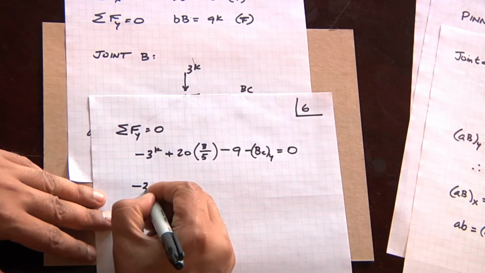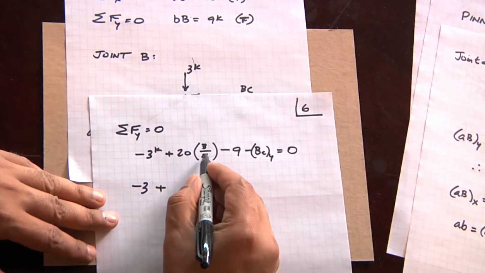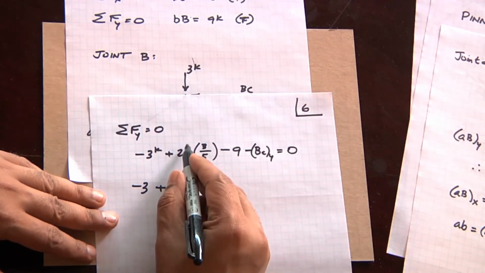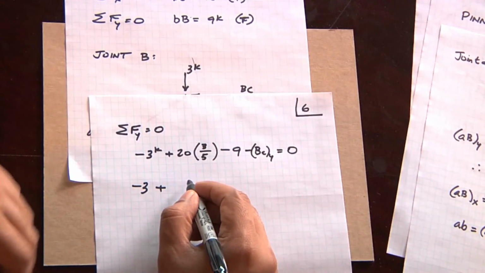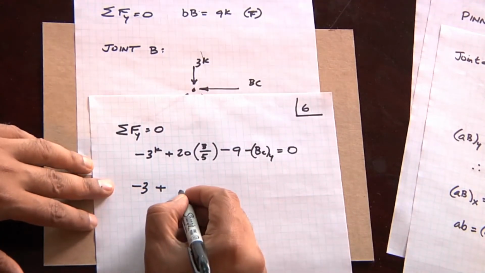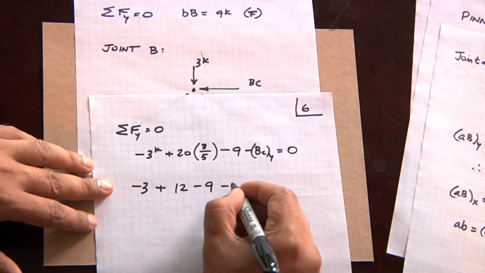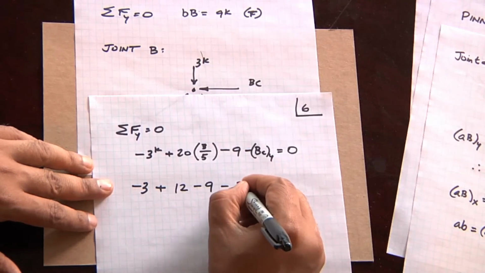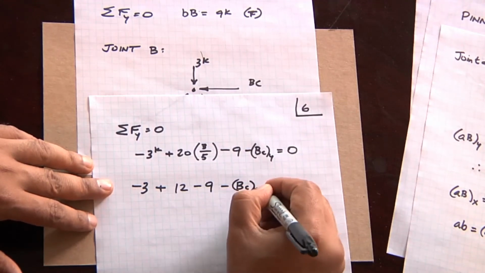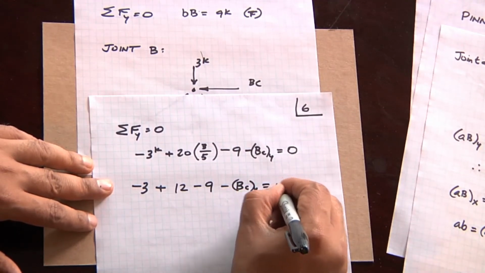So that's minus 3 plus 5 goes into that 4, that's plus 12, minus 9, minus BC in the y direction must equal 0.